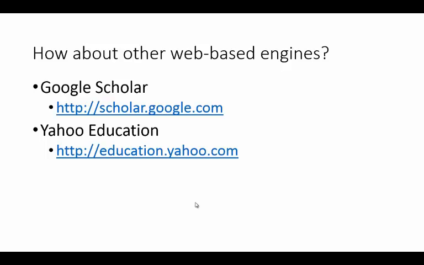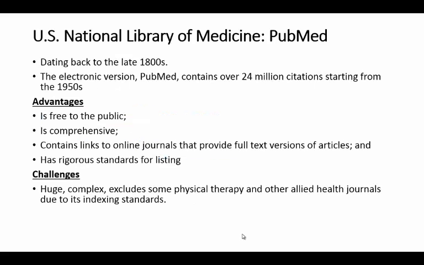And they list the papers according to how many times the paper was cited, so it might give you a misinterpretation of the importance of the paper because many people talked about it and it's not necessarily the best paper. Of course, the indexing in Google Scholar or Yahoo is not as rigorous as the other databases. So these websites are okay for general information, but if you want a specific clinical question, these might not be the best source for information.